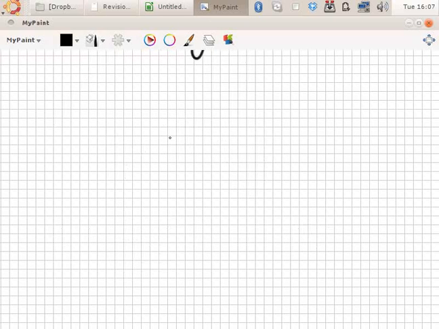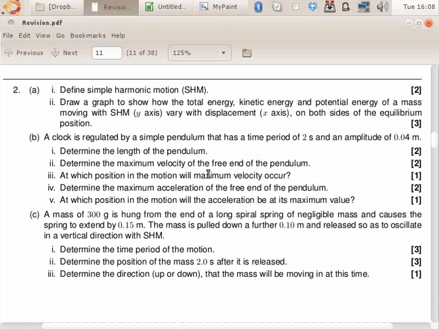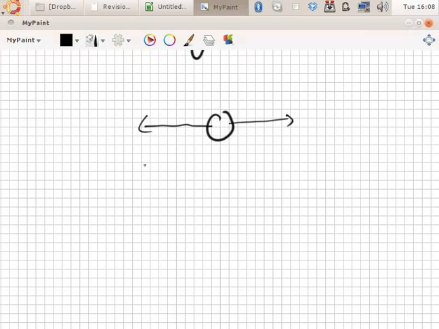The pendulum's doing simple harmonic motion. So if I just draw it here, it's going left and it's going right. The question says the amplitude is 0.04, so it's swinging out 0.04 in each direction. You also know that T is equal to 2. Does anybody remember the formula for omega?